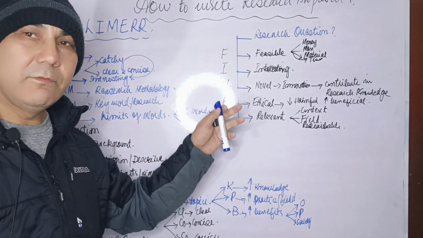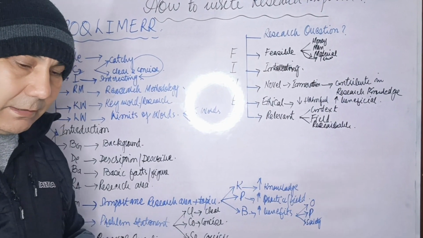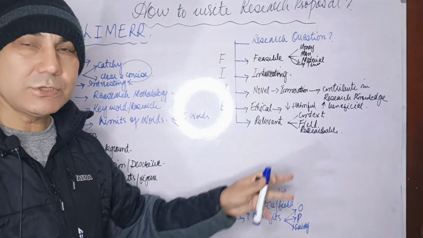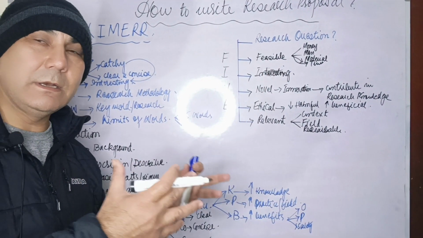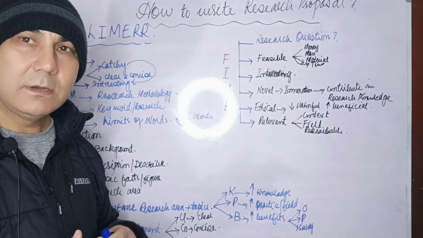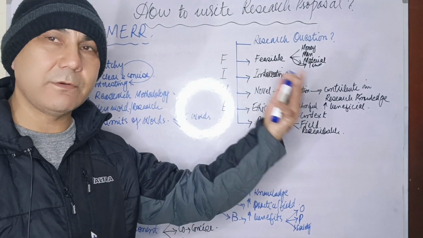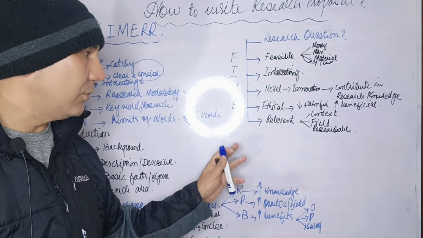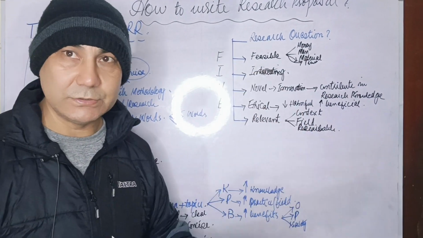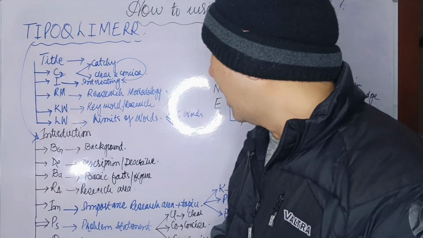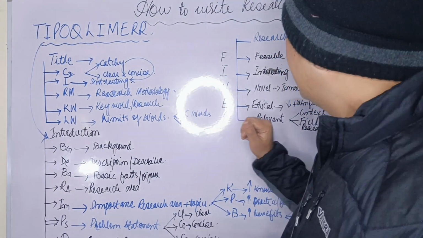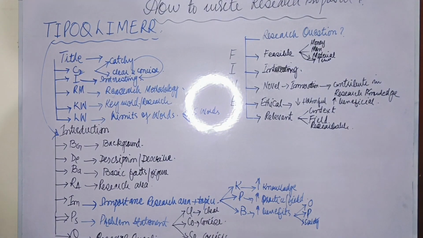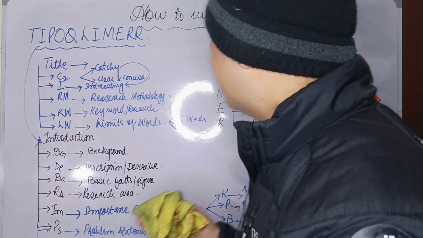If your topic is related to the area of nursing, while your research question is conducted in the field of public health, or it addresses another discipline, then it does not look relevant. Okay, now after the research question, we will come to the LI, which is the literature.